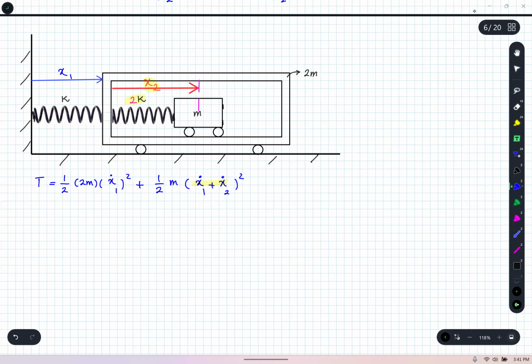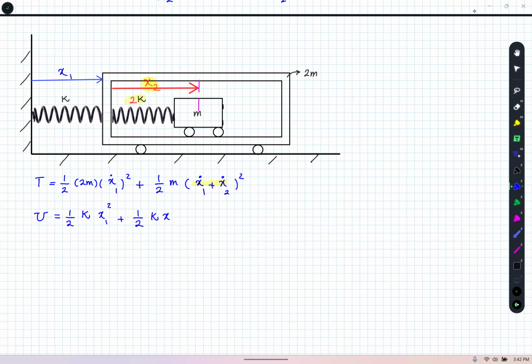What about the springs? The spring outside is k, and it's moved by x1. But the one inside, obviously, now that you measure the deflection with respect to the cart, this spring is being deflected, sorry, it's again 2k, it's being deflected by x2.